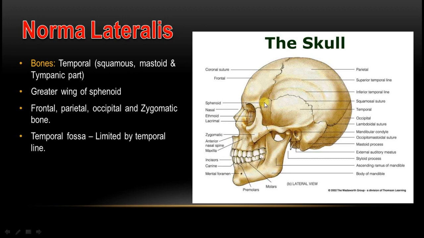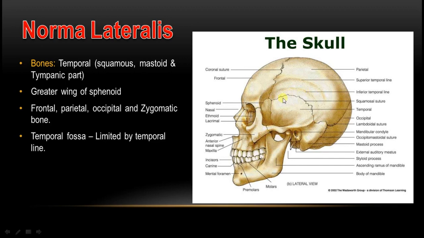So the temporal line actually mainly starts from the frontal bone, then divides into superior and inferior temporal line. The superior temporal line fades away, whereas the inferior temporal line becomes continuous with the supramastoid crest. Okay. So it mainly continues with the supramastoid crest.